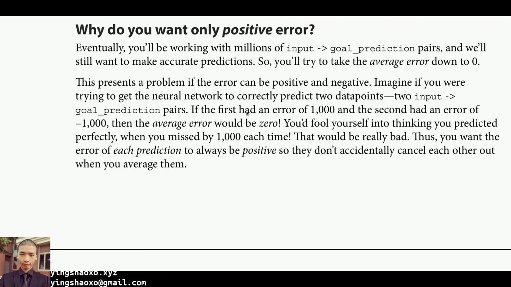If the first had an error of 1000 and the second had an error of negative 1000, then the average error would be 0. You would fool yourself into thinking that you predicted right when you missed by 1000 each time. That would be really bad. Thus, you want the error of each prediction to always be positive, so they don't accidentally cancel each other out when you average them.